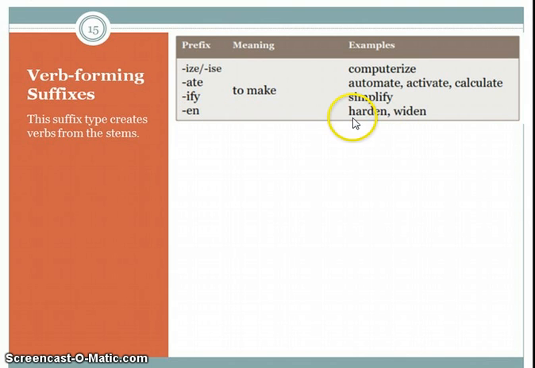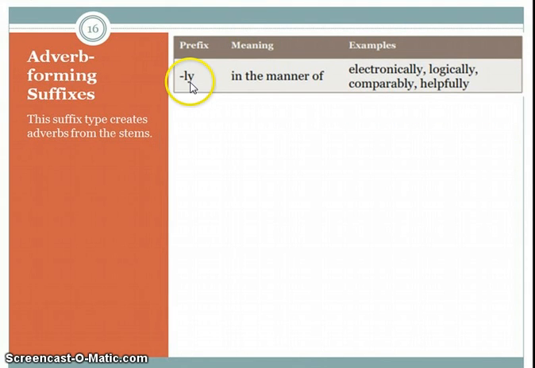Or N, harden or widen. So these are 1, 2, 3, 4 suffixes that are really good to pay attention to, because there's only 4, and if we see that at the end of the word as a suffix, then we know that it's a verb. Ly changes it to an adverb, electronically, logically, comparably, helpfully, hopefully.